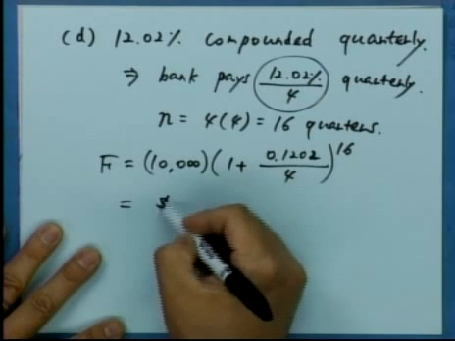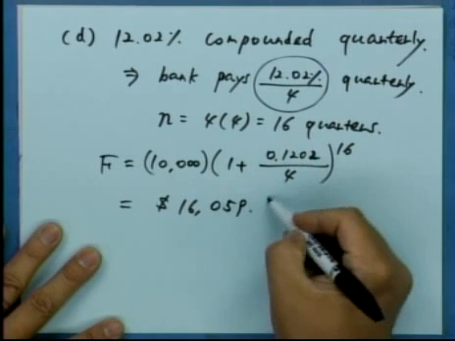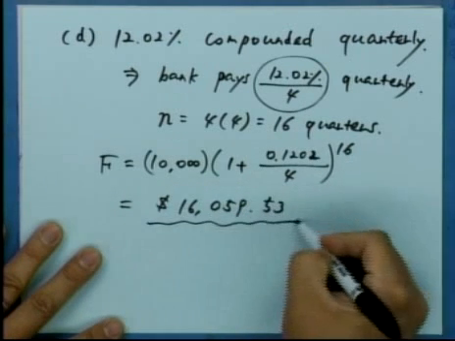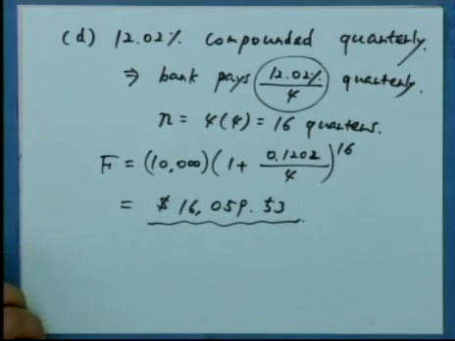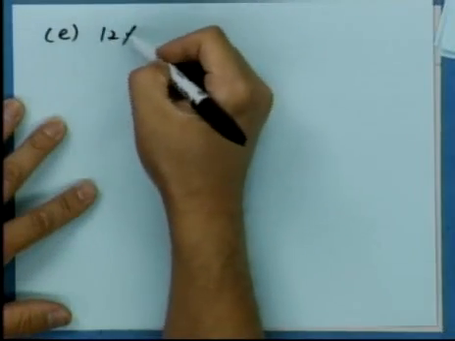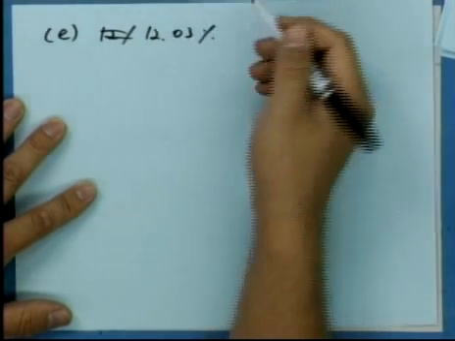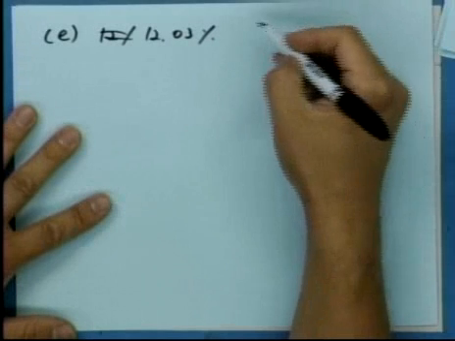Okay, this is $16,059.53. Okay, for alternative D. And this is the last alternative, E. That is about 12.03% interest rate compounded yearly.